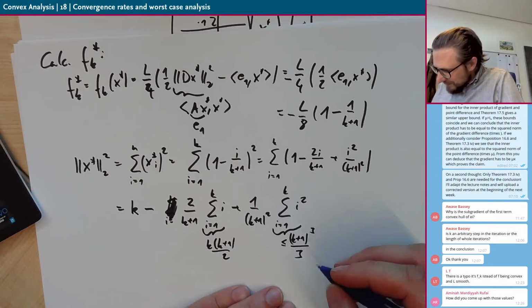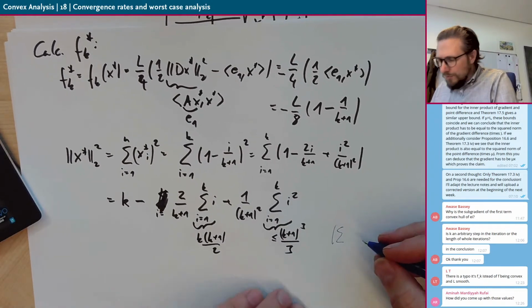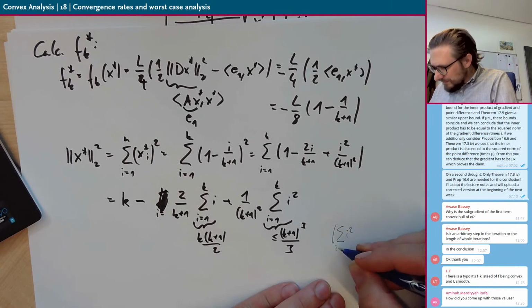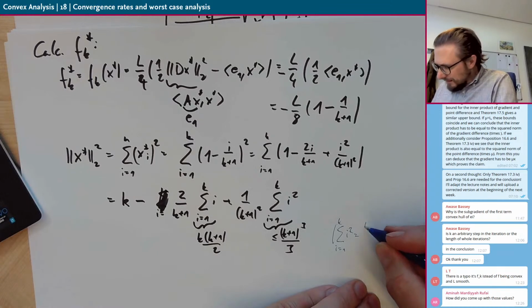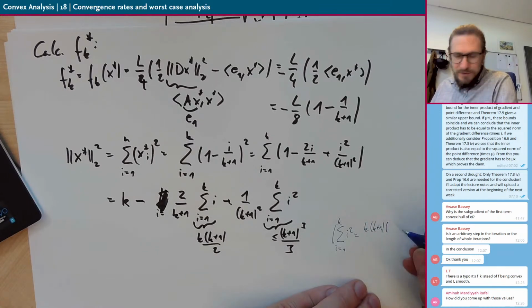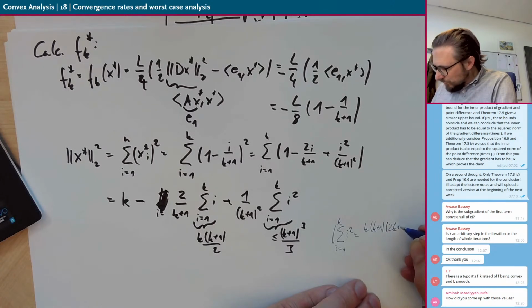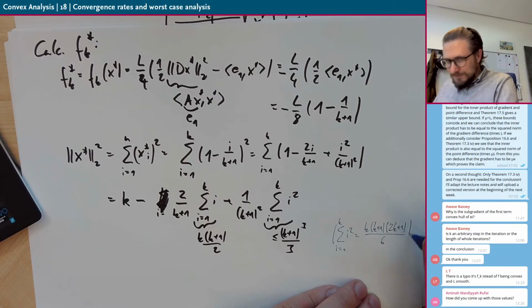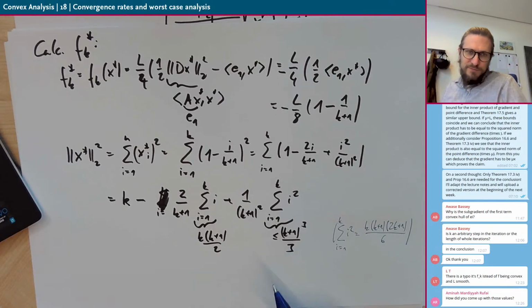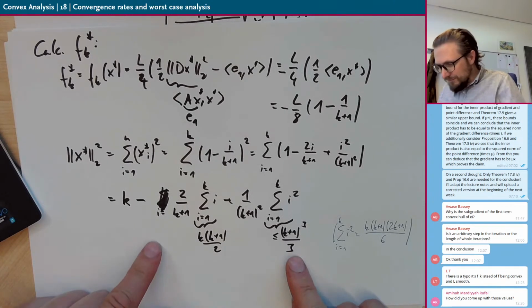Actually, it holds that the sum over i squared, i from 1 to k, of course, there's an exact formula for that, and the formula is k times (k plus 1) times (2k plus 1) divided by 6. So we could also plug this in here, but then the expression would just get a little bit more complicated, and for us this is enough.